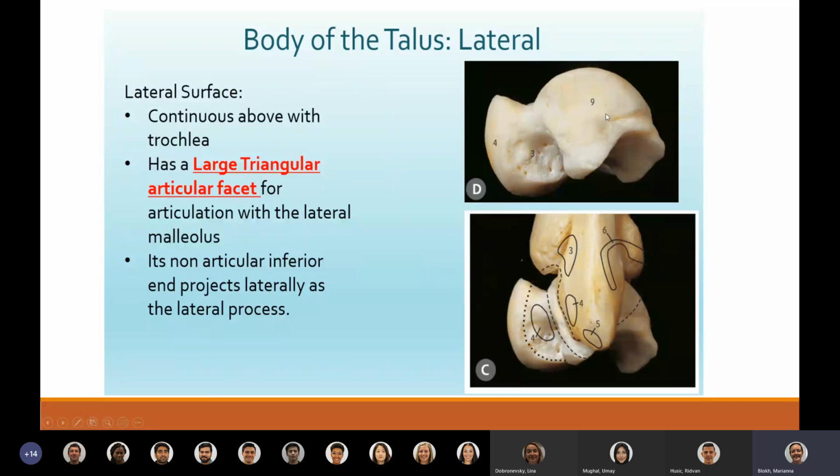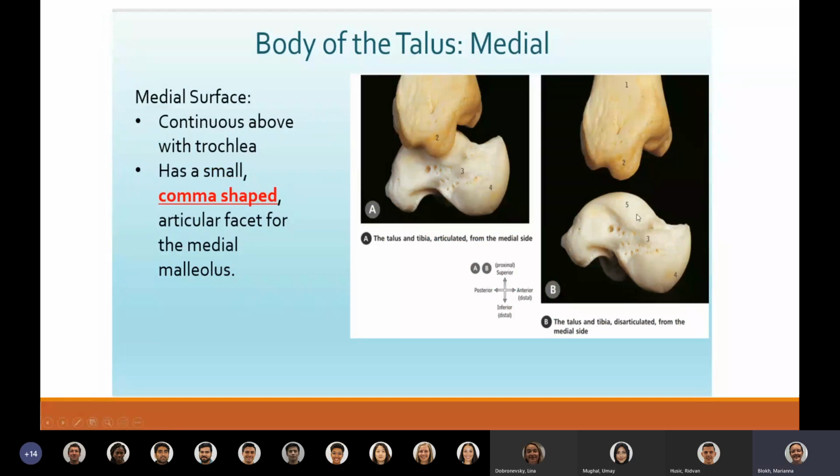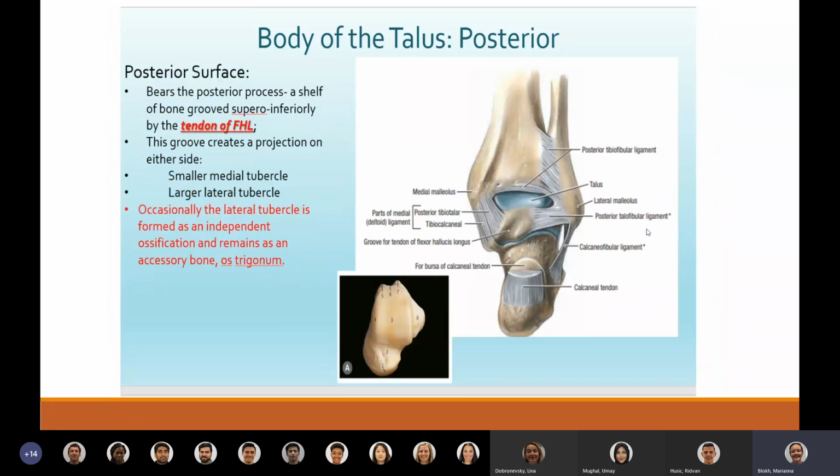That's how you can tell laterality. And this little tip is called the lateral process of the talus, okay? Medial surface, you have that comma-shaped articular surface. Remember, they are continuous with the above trochlear, but this is just comma-shaped medially, which is for the medial malleolus, okay?